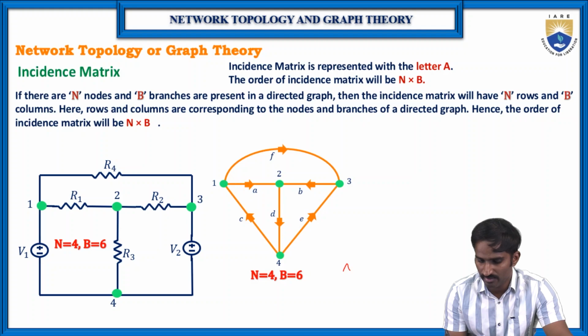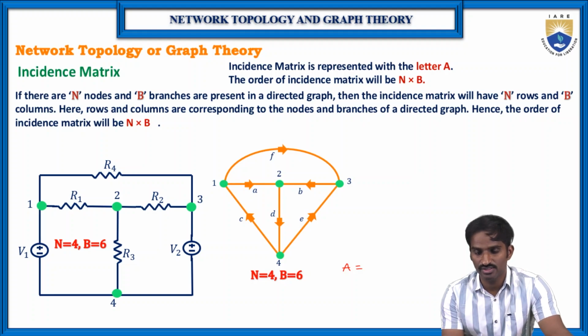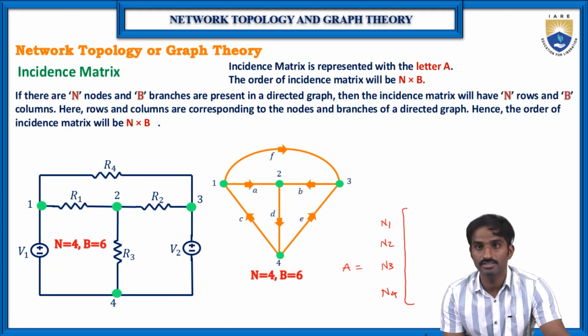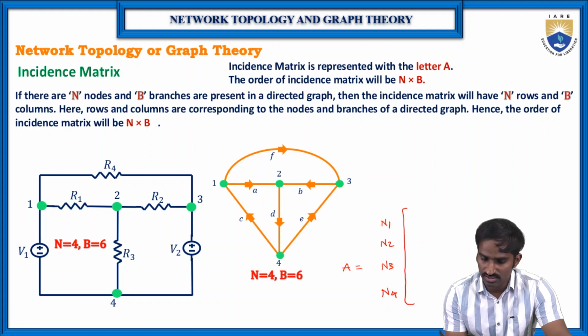Let us indicate the matrix with A, right? Here, because it is n cross b, rows into columns, the rows are the number of nodes. How many nodes are there? 4 nodes are there. So let us consider n1, n2, n3 and n4, right? Then how many branches are there?